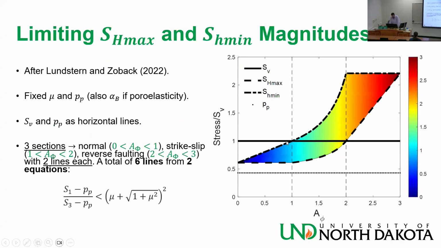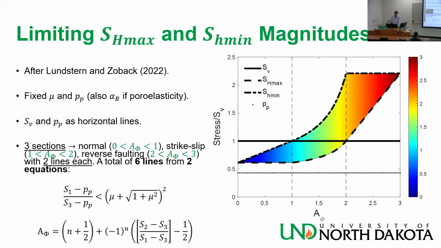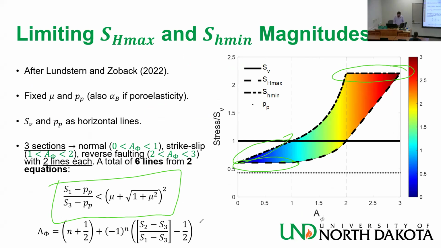Now, we have only used this equation for basically this and this. Now I would suggest you come here and you basically use this equation by plugging the appropriate values for normal faulting, and n would be 0 in this case for normal faulting, and you create an equation for S2 in terms of alpha phi.